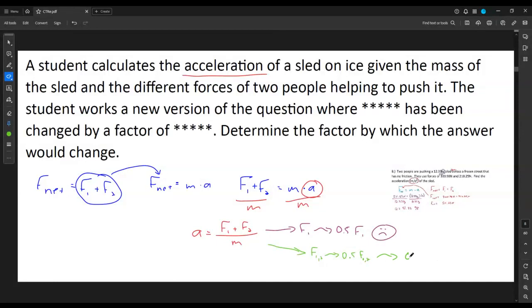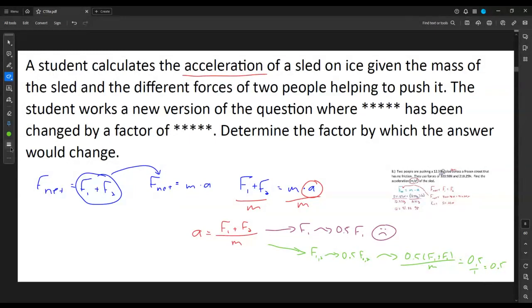That's going to tell us that we would have half of the sum here. Then we look at the ratio of the new answer compared to the old answer. The ratio of the sum compared to the old sum, we're going to end up with 0.5. The ratio of the mass to the old mass is going to be 1. And so this ended up being 0.5 over 1, or just the factor itself.